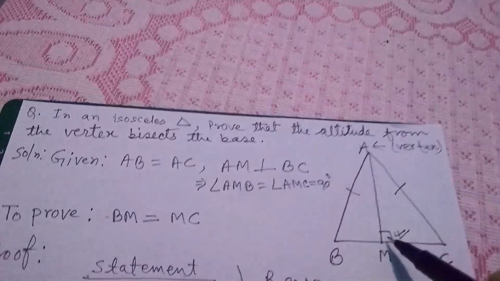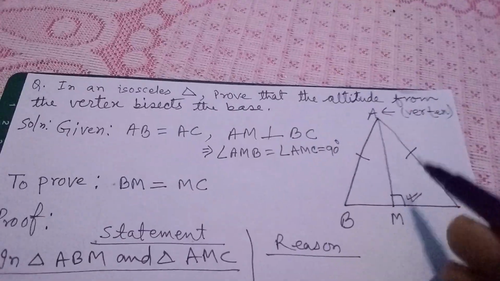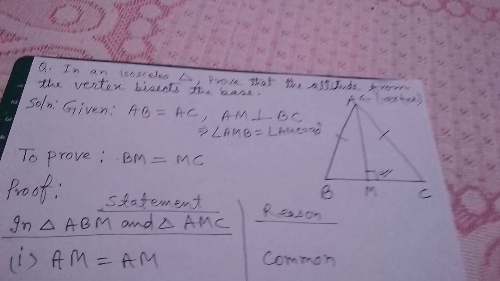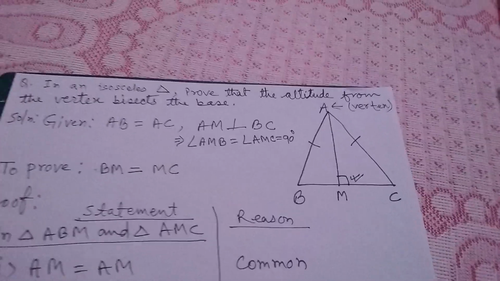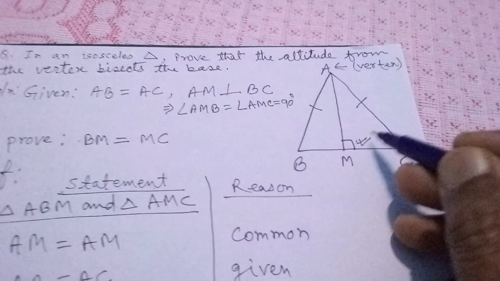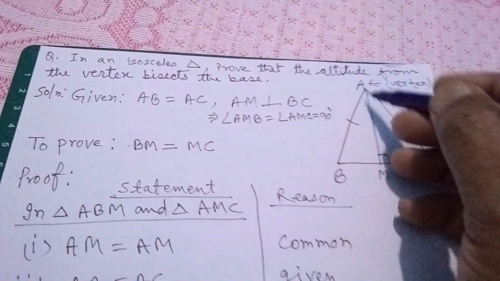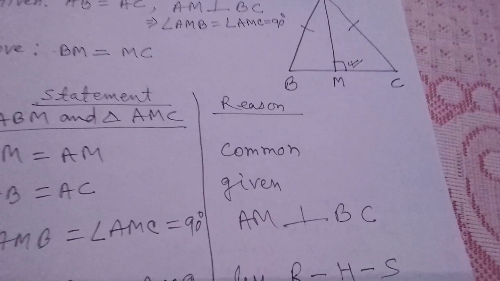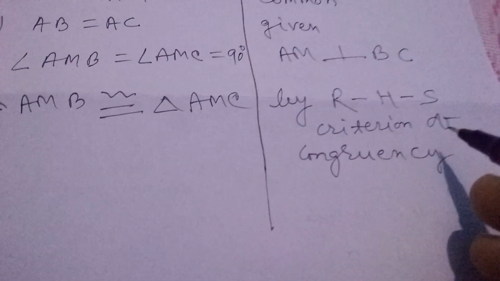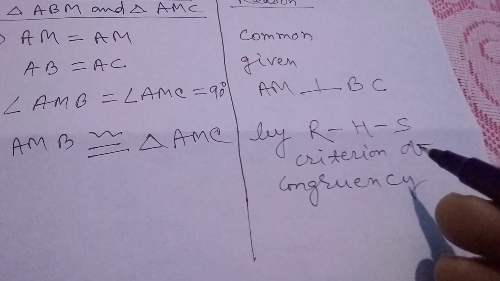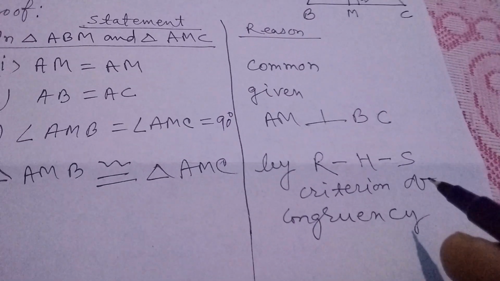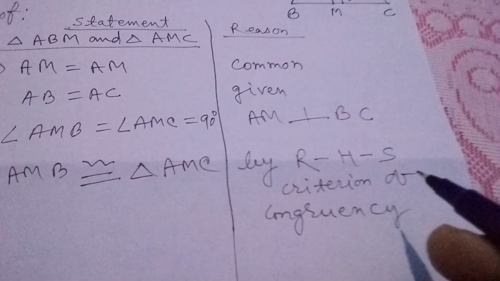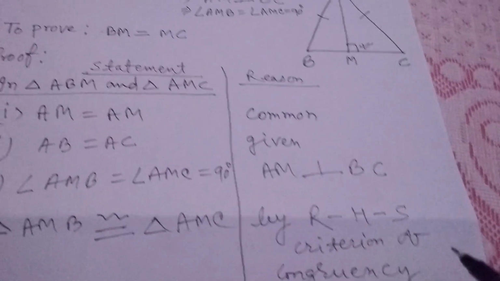That means the side which lies in front of 90 degrees is called the hypotenuse. So right means 90 degrees, hypotenuse is the longest side or the side opposite to 90 degrees, and one side that is common here, so it is called right hypotenuse side. And we always have to keep in mind that we apply the RHS criterion only in two right-angled triangles. If the triangles are not right-angled, we cannot use the RHS criterion of congruency.